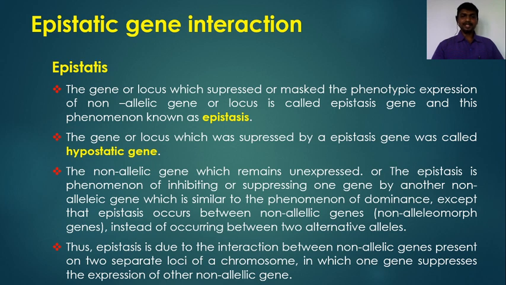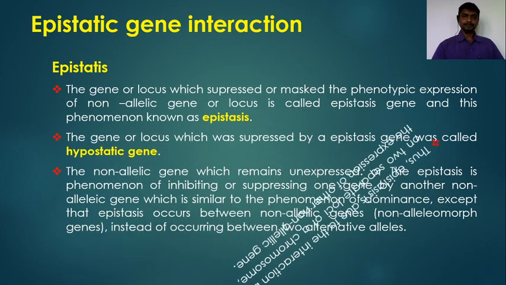Thus, epistasis is due to the interaction between non-allelic genes present on two separate loci of a chromosome, in which one gene suppresses the expression of the other non-allelic gene. So it is the interaction between non-allelic genes located on two separate loci of a chromosome, where one gene suppresses or masks the expression of the other non-allelic gene.